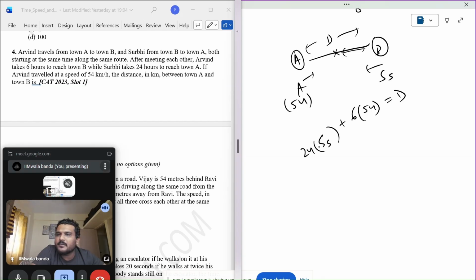Then the distance between town A and B. They should give us the other speed also. So it takes 20.